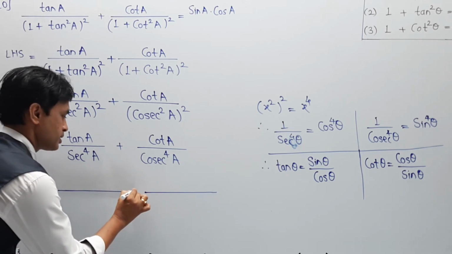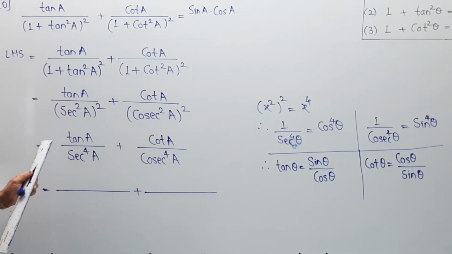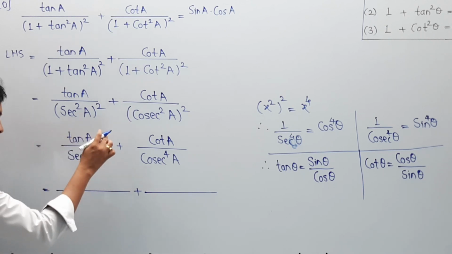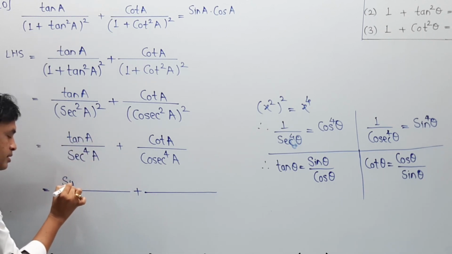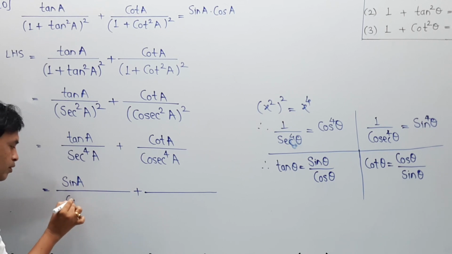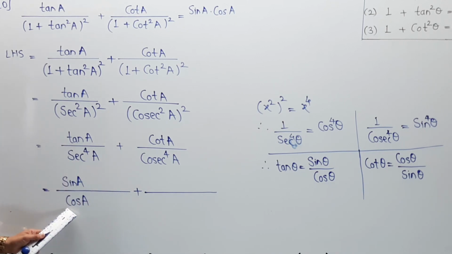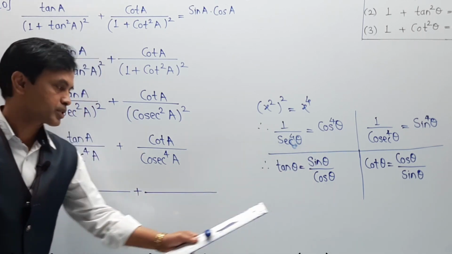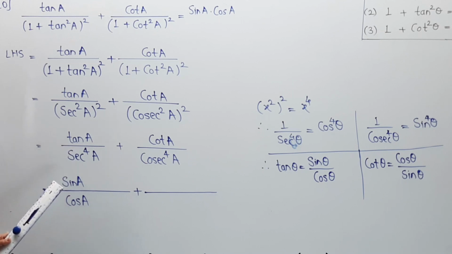First of all, this tan A, I repeat, please pay attention, tan A can be written as sin A upon cos A. Like tan theta is replaced by sin theta upon cos theta, in a similar manner tan A is replaced by sin A upon cos A.